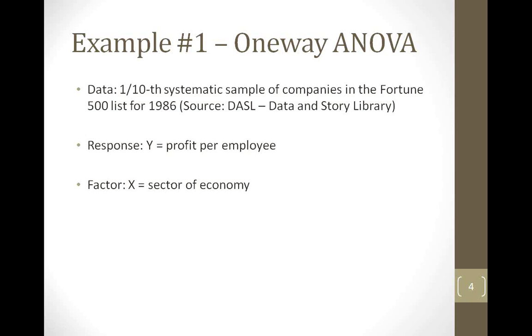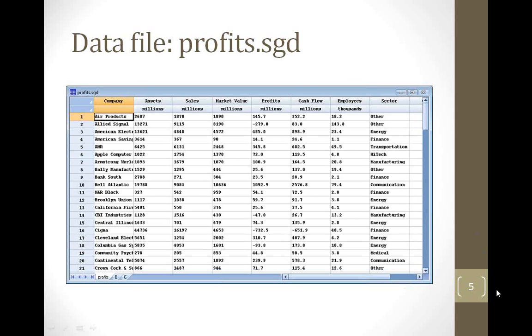Now, the sample data file I'm going to be looking at, and as I mentioned, you can download this from our website after the webinar is over, is a file called profits.sgd. There are about 76, I believe, companies in the data file. We know their assets in millions of dollars, the sales, the market value, their profits, and their cash flow.